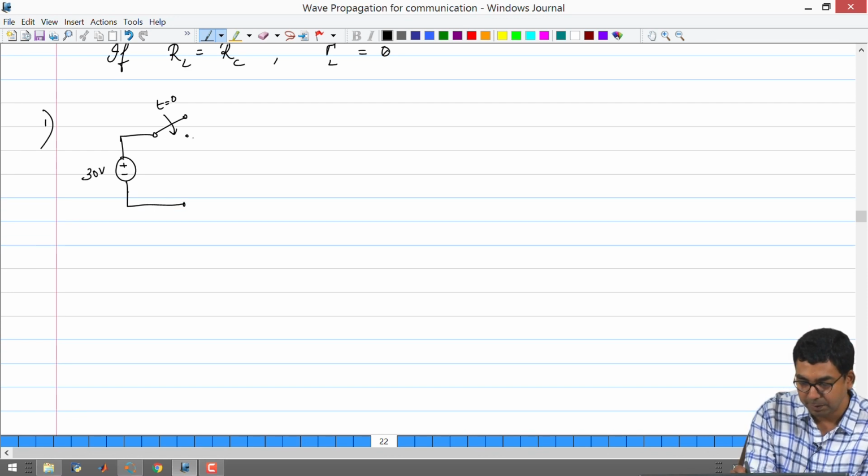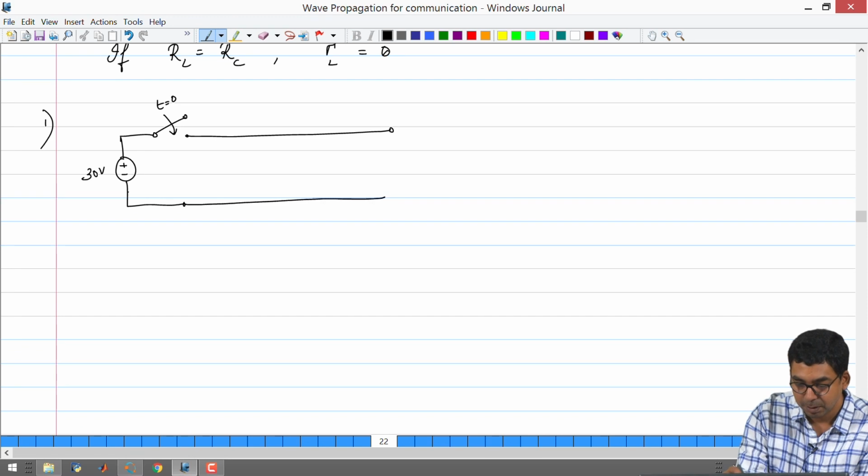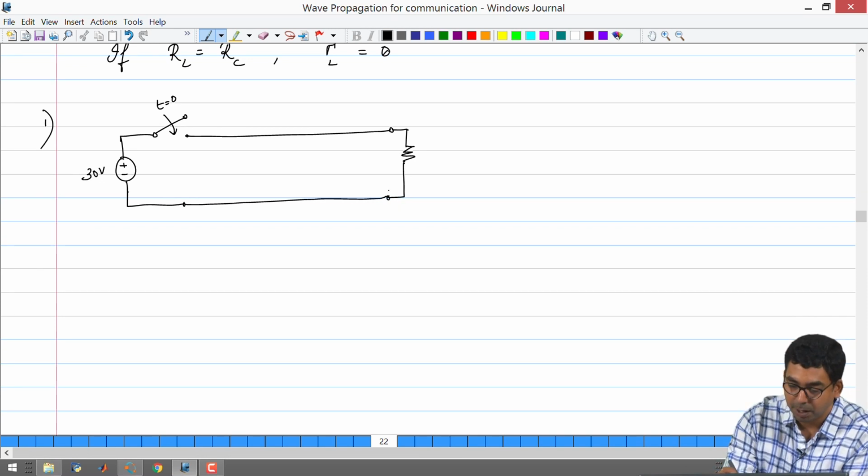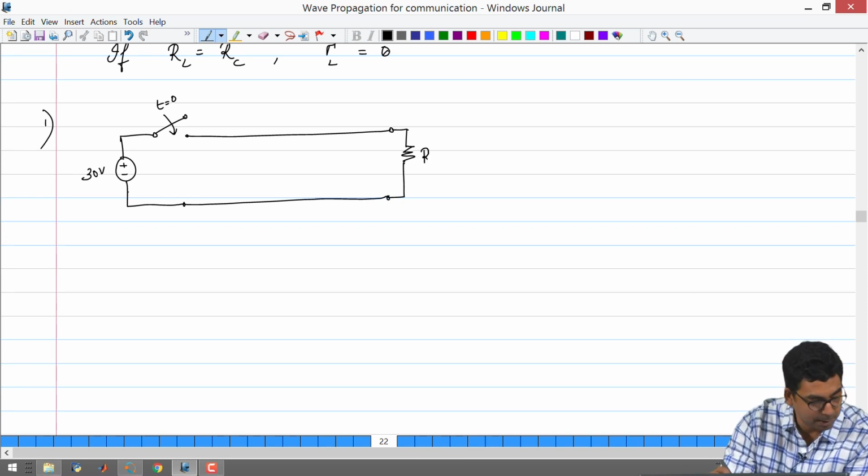I have a transmission line, and I have a load resistance. The value of the load resistance that's given is 100 ohms.